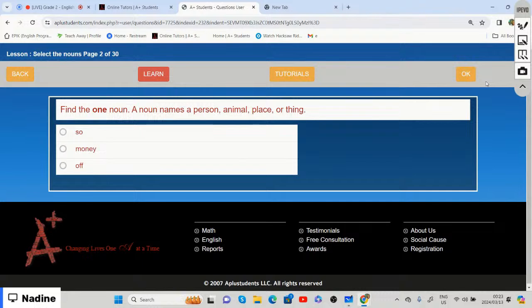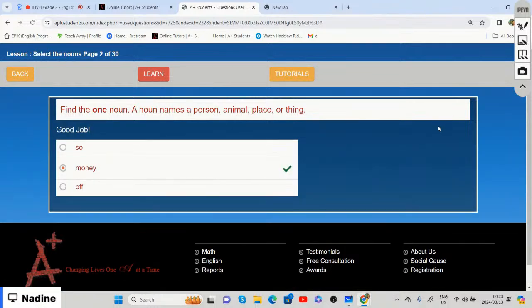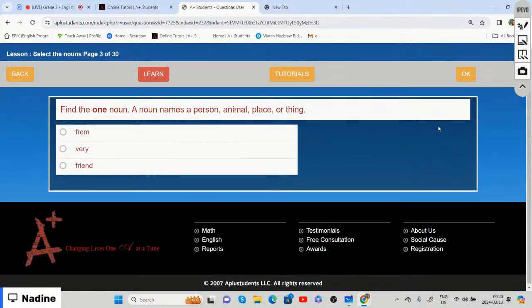All right, so we're going to select money, as a thing. So well done. Money is correct. Money is a thing.